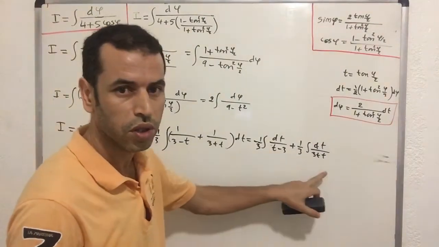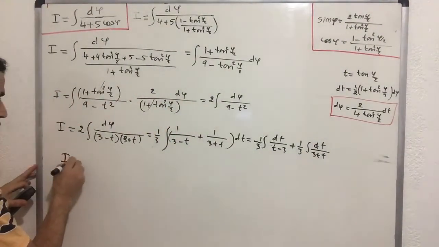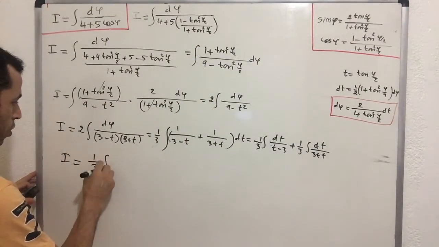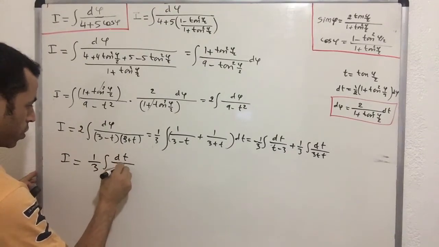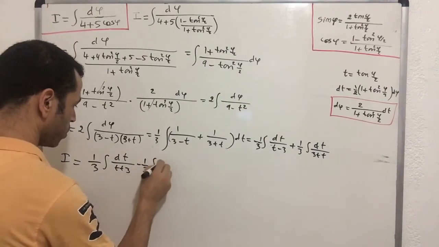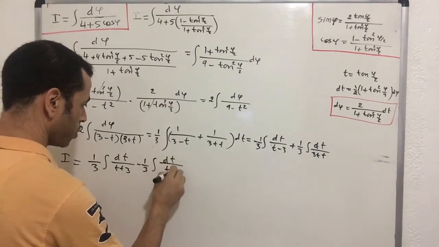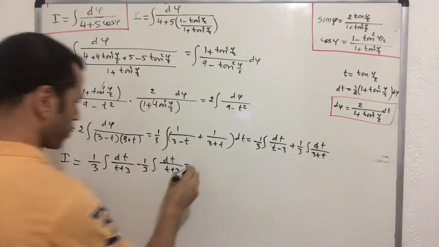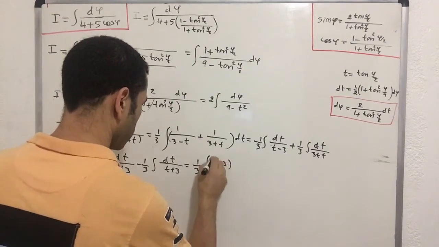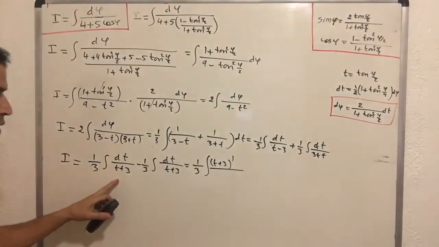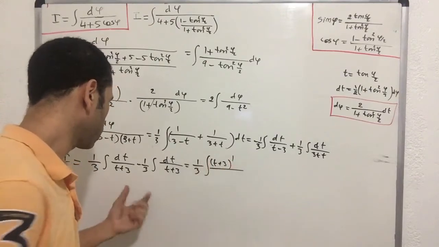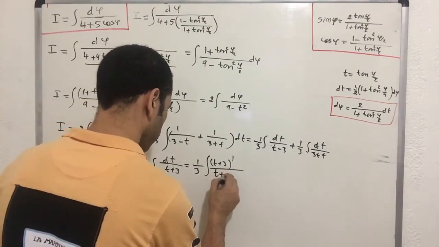So what is this? This is natural log. Our integral becomes: let's start with this one first. 1 over 3 dt over t plus 3, minus 1 over 3 dt over t minus 3. To show you why I'm using natural log: the derivative of the top one, the function, over the function itself.